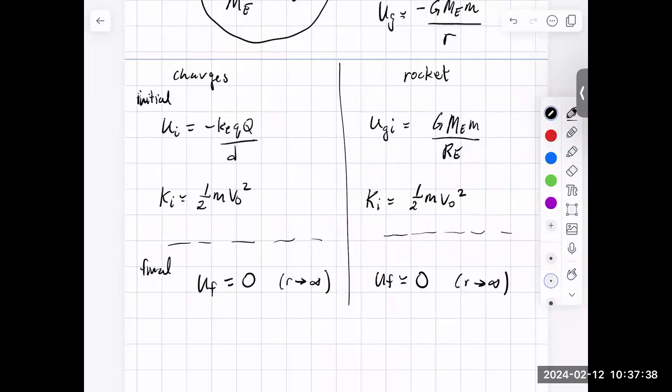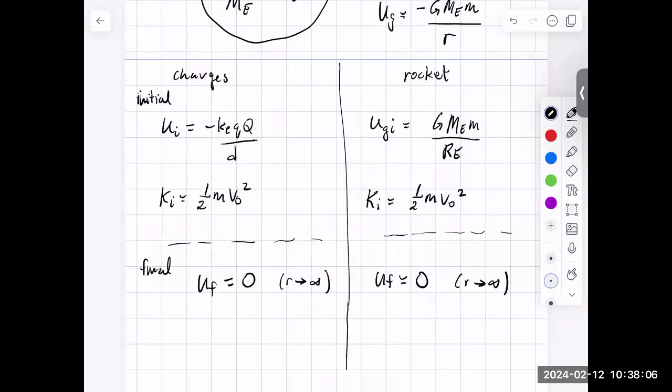Now we have to think just a little bit, not too much. If I require that the rocket or the charge never turns around and comes back, what is the speed going to be when they're infinitely far away? What's the minimum speed I could have once they get to this infinite distance?